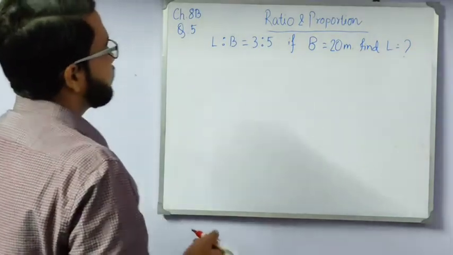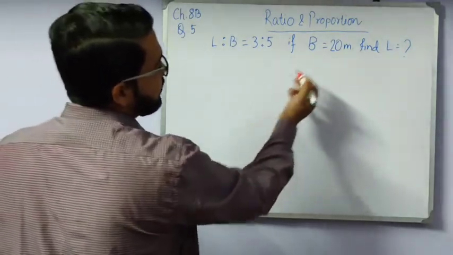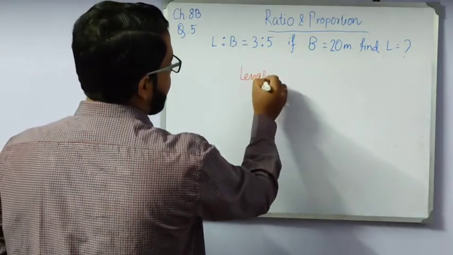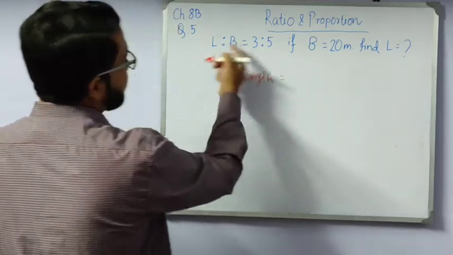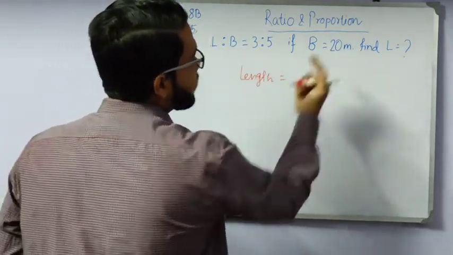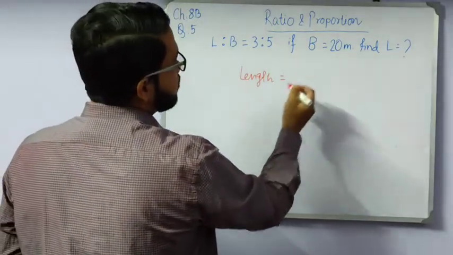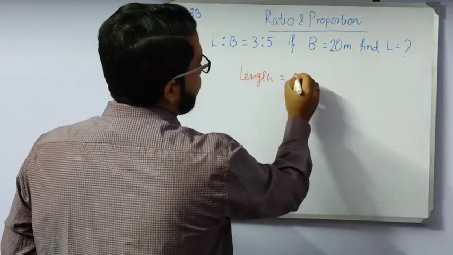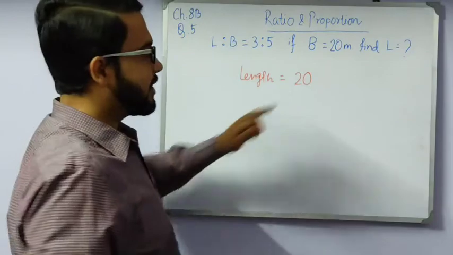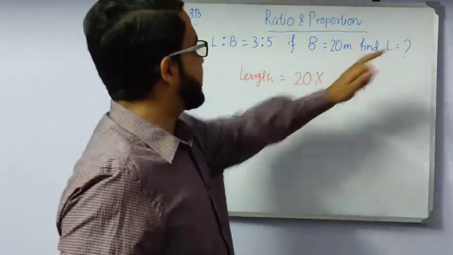So how can we do this? Length is to breadth is equal to 3 is to 5, breadth is 20 meter, find L. First you write L is to B is equal to 3 is to 5, B is equal to 20 meter. Then write length is equal to the value of breadth, into the ratio by which we have to find the length.